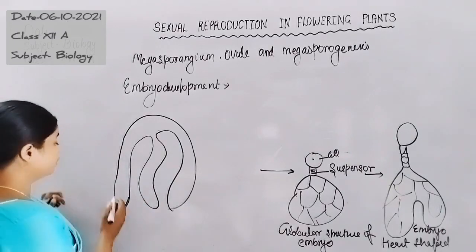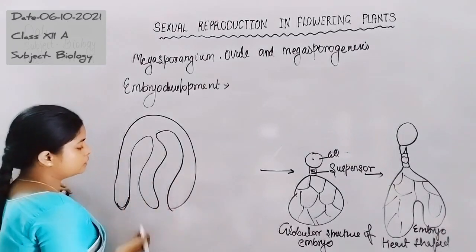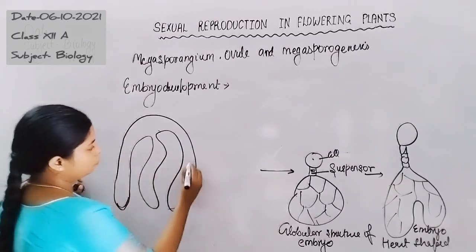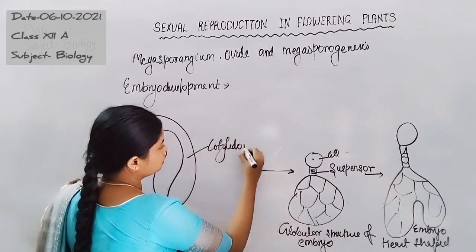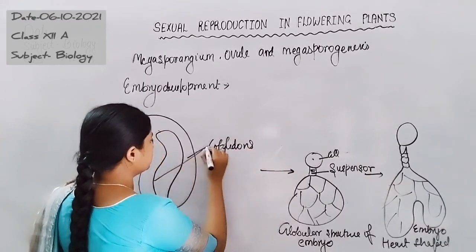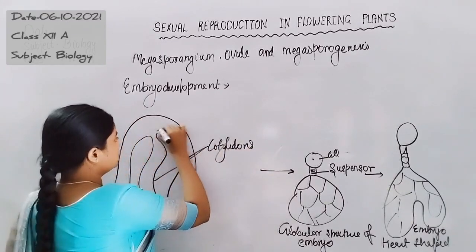Mature embryo of a dicotyledonous seed. So how does it form? These are the cotyledons. These are the two cotyledons present in a dicot seed.